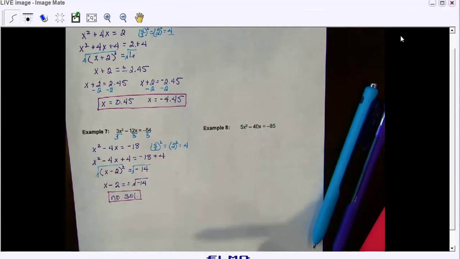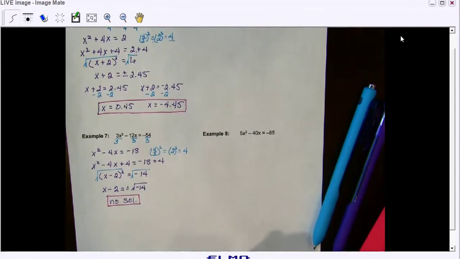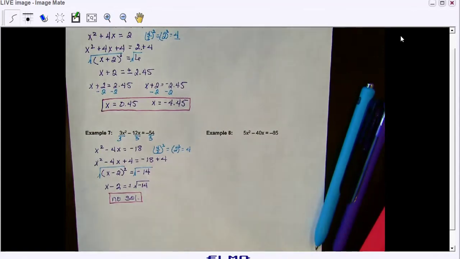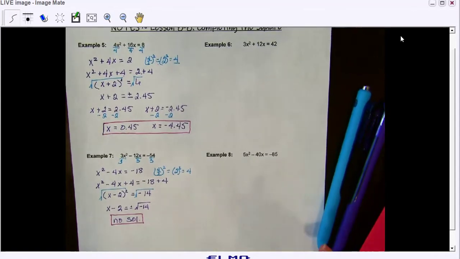But with our work in this class, I want you to write no solution. If you end up looking online to get help, which I'm okay with, and you end up with an answer and you write imaginary something with an i, I will not take that as the correct answer. So make sure you're doing it the way that I have explained it.